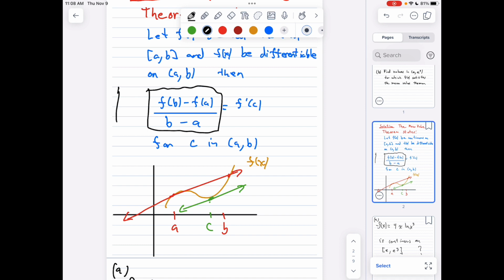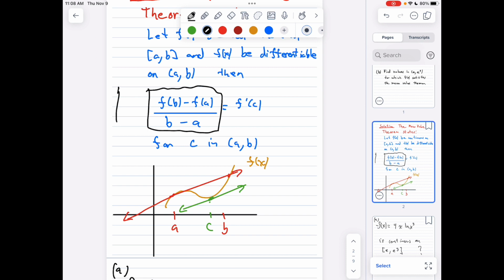Say your function is the gold, orange colored one, and you have the points a and b, and you draw a line through those two points. Then the slope of that line would be f of b minus f of a, that's your rise, all over b minus a, which is your run. That slope would equal the slope of the tangent line for some point c in a, b.